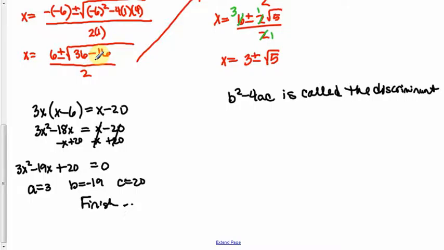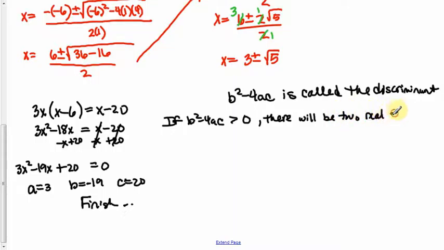If b squared minus 4ac is greater than 0, there will be two real solutions. And I'm going to abbreviate solutions SOLNS. You are welcome to write the whole thing out.